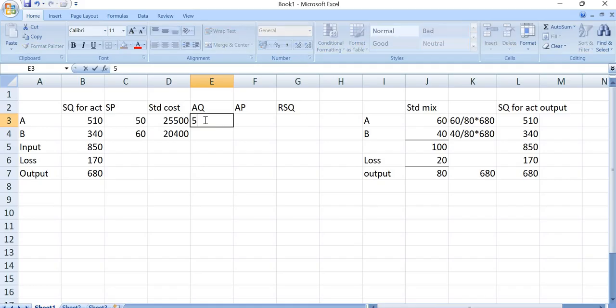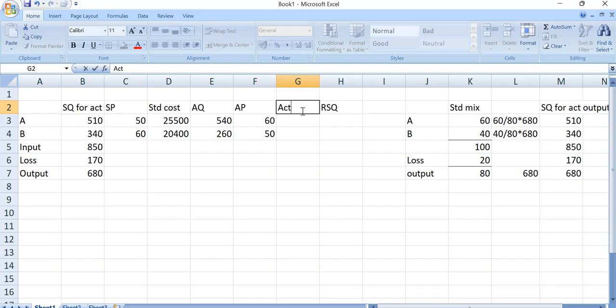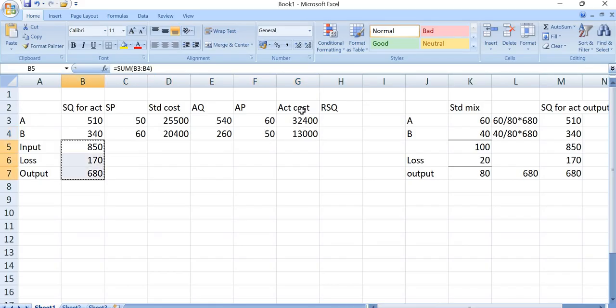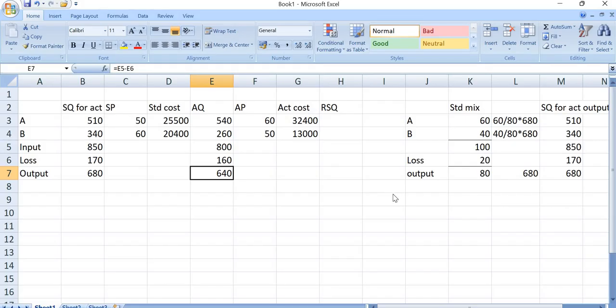So my actual cost is actual quantity into actual price. So here I got 680 kilograms of good product. So my 680 kilograms means I will be getting a loss of 120 kgs only.